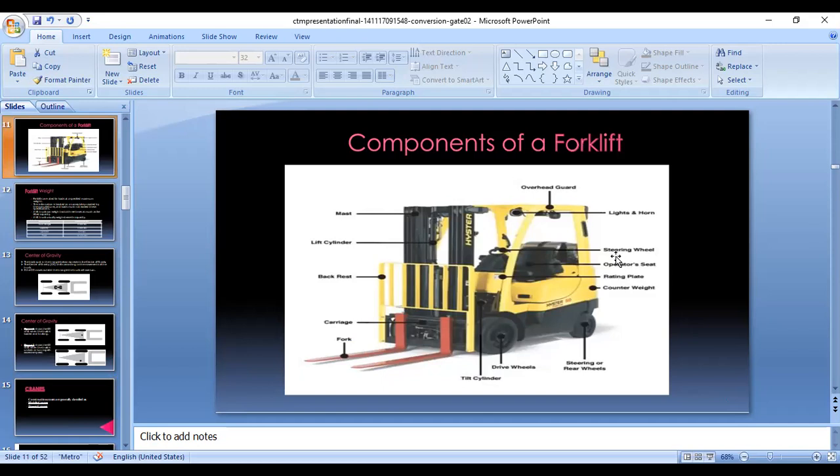Here you can see the carriageway, and these are the two forks which can lift the raw material upward, or move the materials we have selected over shorter distances. These are the drive wheels and tilt cylinder, and here is the overhead guard for any vertical lifting of material.